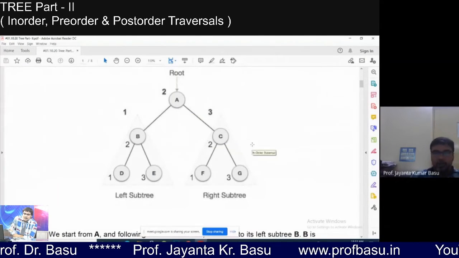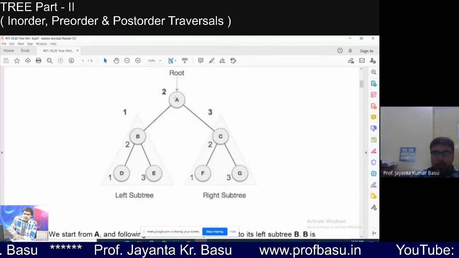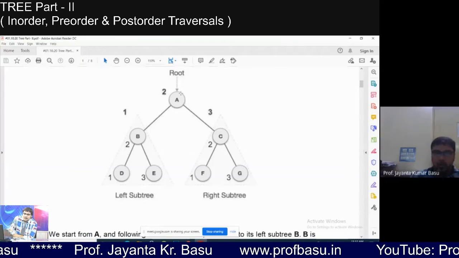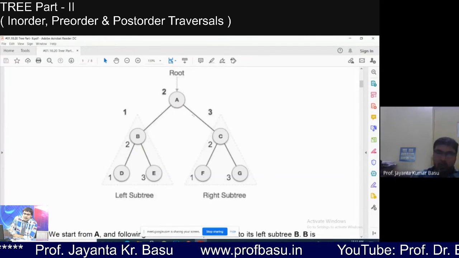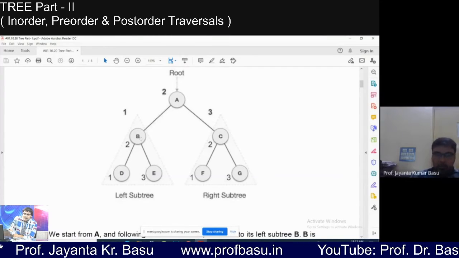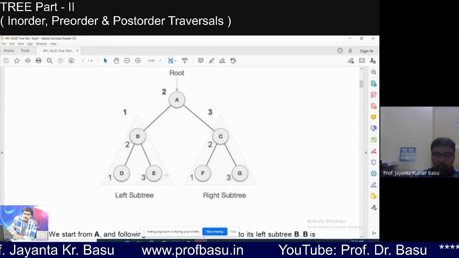So B and C are the child nodes of this A node. A is the parent node of B and C, and as well as A is the root node of this entire tree. Here B is not the root node of the entire tree, but B is the root node of this left subtree. Or B is the parent node of D and E.